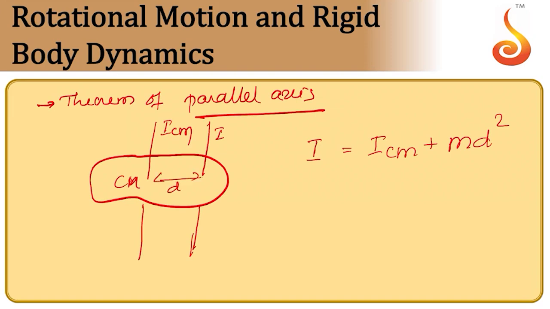So I is equal to ICM plus MD square, where ICM is the moment of inertia through a parallel axis passing through the center of mass, and D is the separation between these two parallel axes. So the moment of inertia about any axis is the sum of the moment of inertia about a parallel axis passing through the center of mass and the product of mass and separation square, the separation between the axes.